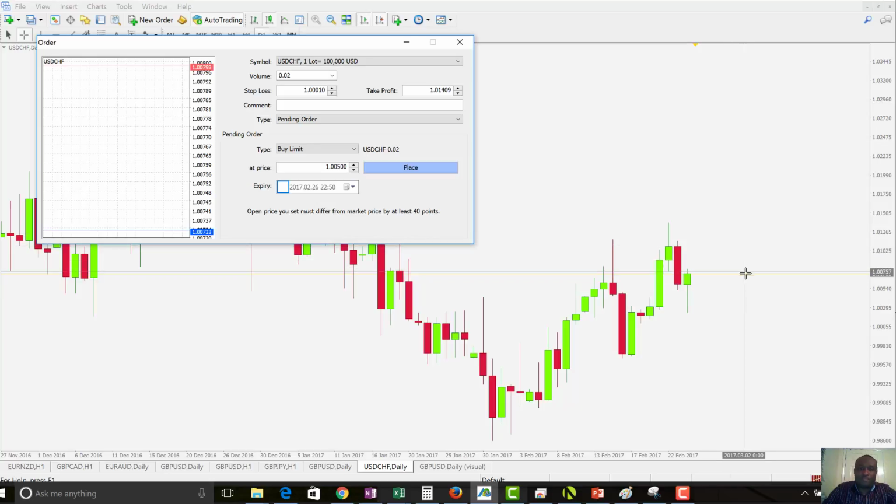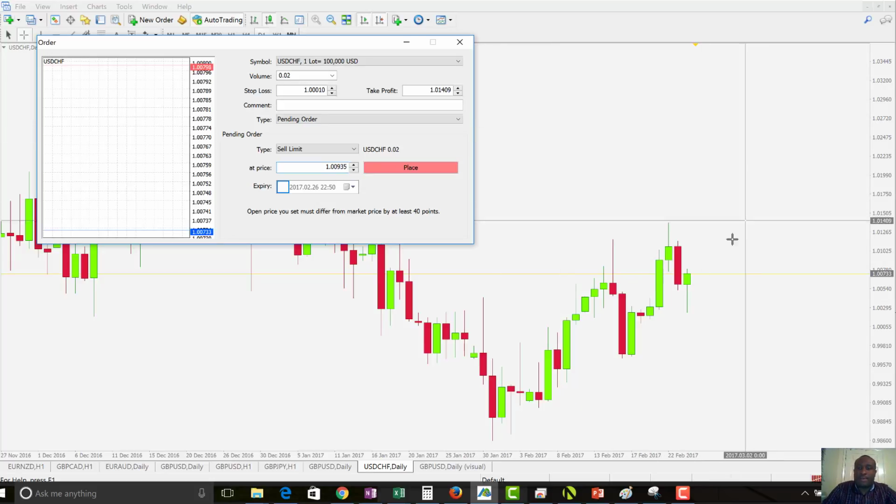For a sell limit order, I'm anticipating the price will go down, but because it's a sell limit, I'm expecting price to first go up before it starts to push down. So I'll place my sell limit order at about 1.00935.